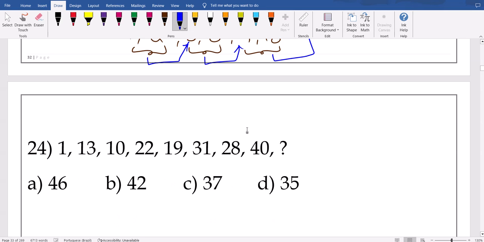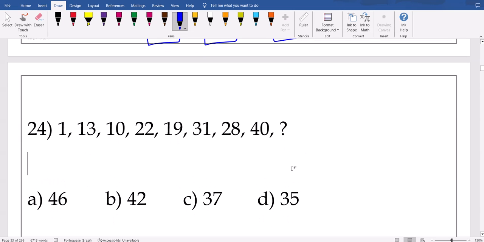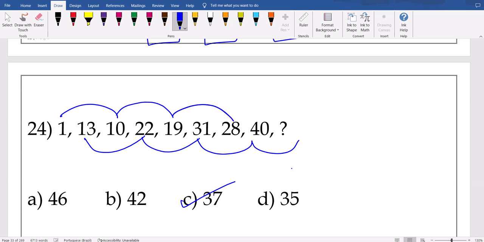So here the answer is 37, plus 9, plus 9, plus 9, plus 9, plus 9. This is also plus 9 logic. Thirty-seven is perfect.